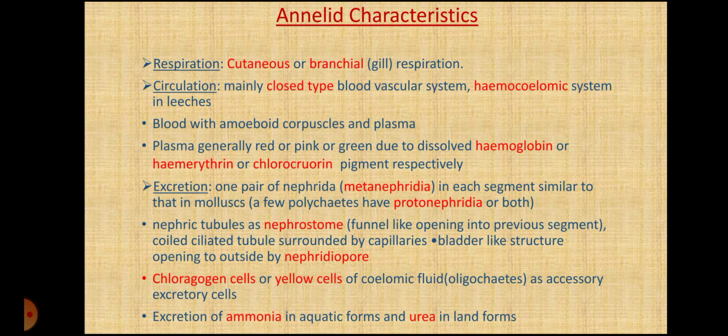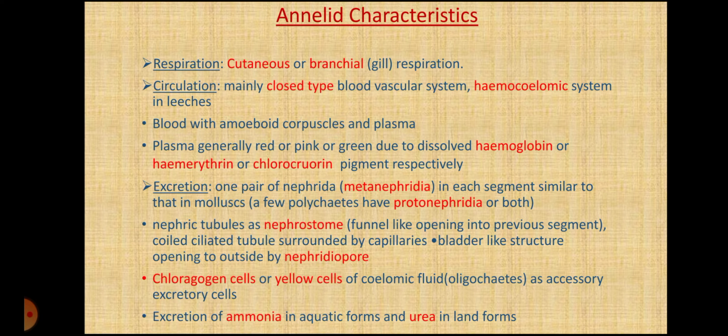In the hemocoelomic system, the hemoglobin is dissolved in coelomic fluid which circulates in intercommunicating hemocoelomic channels. Blood is formed of amoeboid corpuscles resembling the leukocytes of mammals, and the plasma. Plasma is generally red in color due to the dissolved hemoglobin or erythrocruorin.